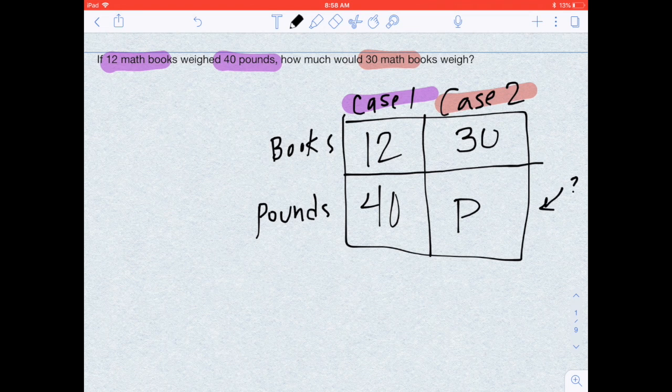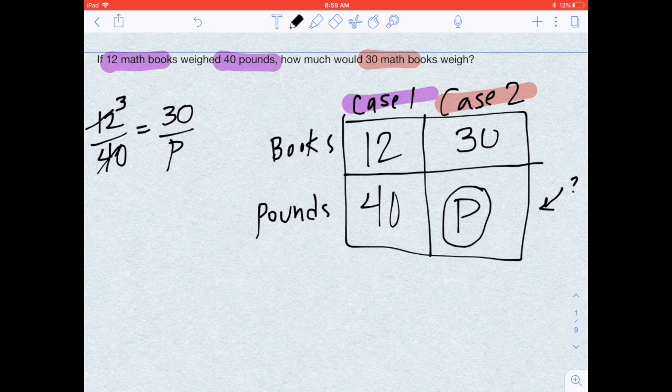Now to find P, I'm going to have to make fractions and cross multiply. I'm going to take my numbers and make them into fractions. I can simplify before I cross multiply, or I can just go ahead and cross multiply. 12 and 40 are both divisible by 4, so 3/10. Now I have 3/10 equals 30/p.